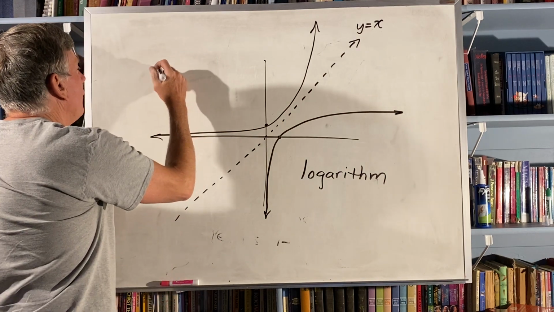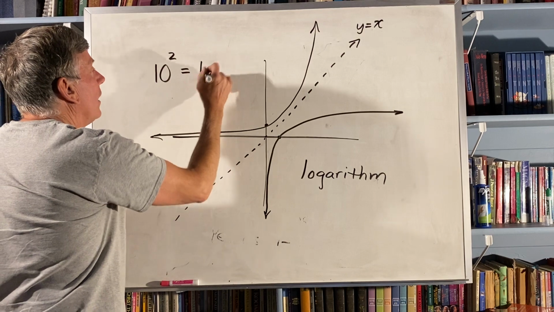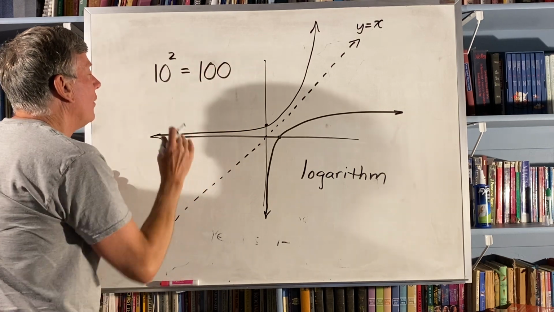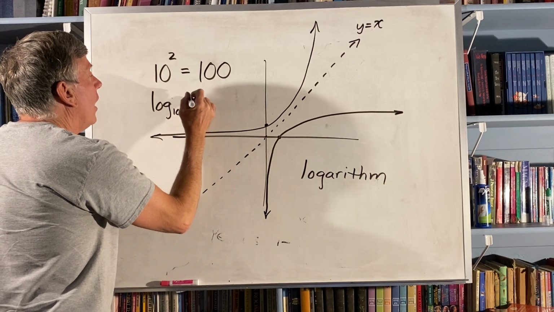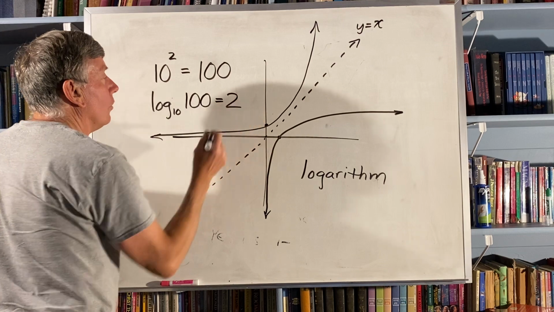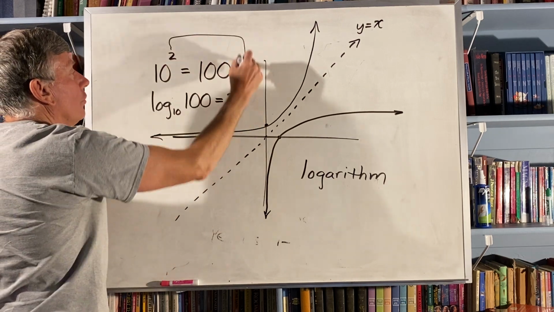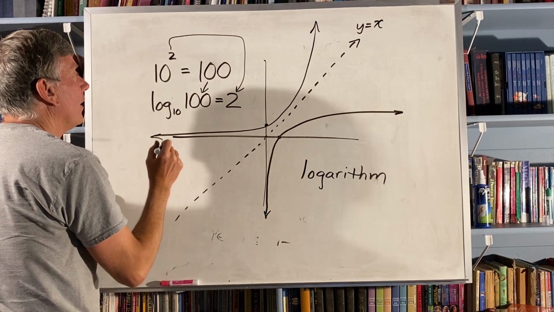I'm going to leave this up here so you can look at it for a while, but I want you to know if I have 10 squared is equal to 100, then the log base 10 of 100 is 2. That 2 goes there. That 100 goes there.